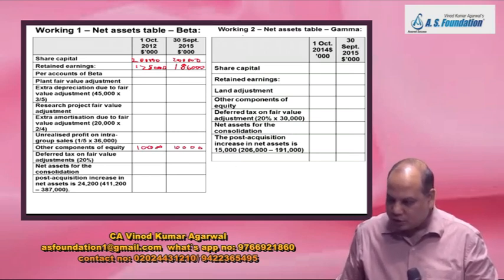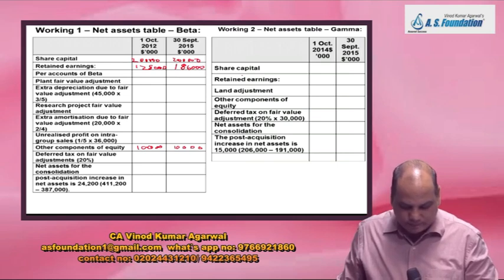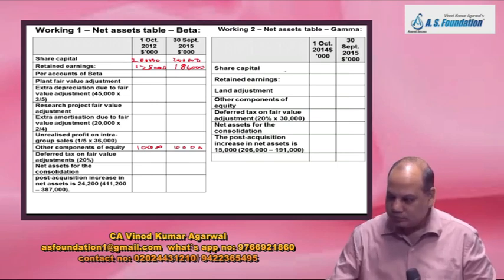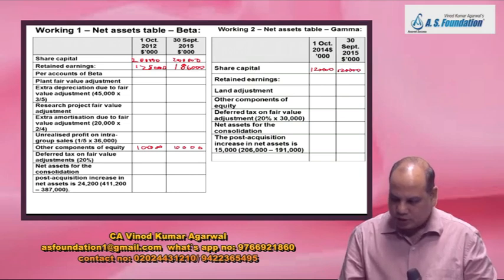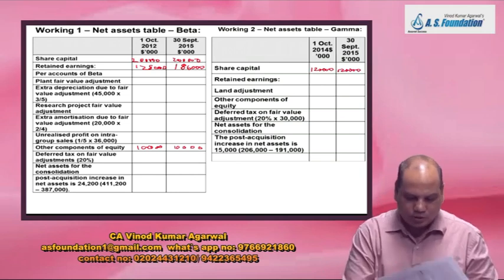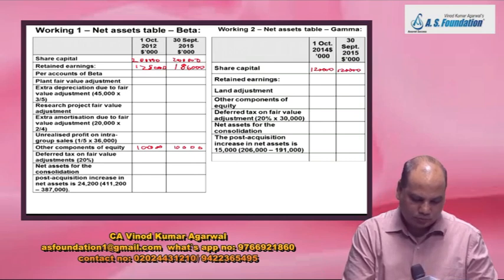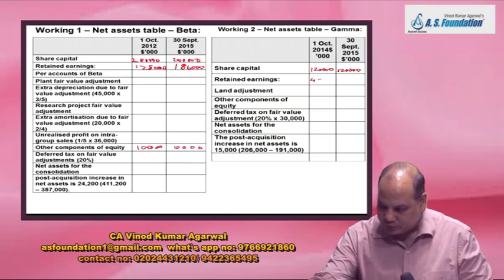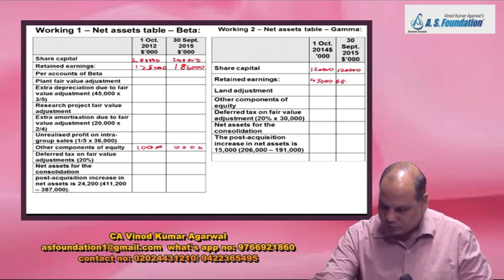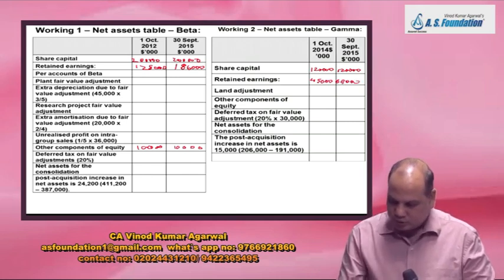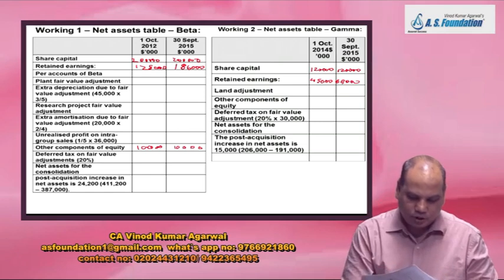Okay, now let us go to working note 2, share capital 1,20,000. Retained earning. What was retained earning on the acquisition date? Is it given 45? 45. And how much is now in the balance sheet? 60,000. Other component of equity on the date of acquisition, was it 2 million?